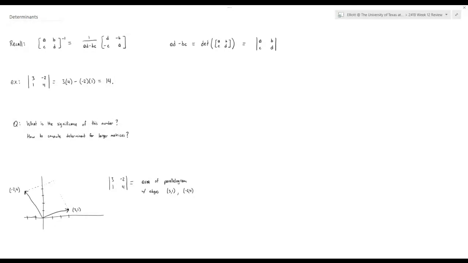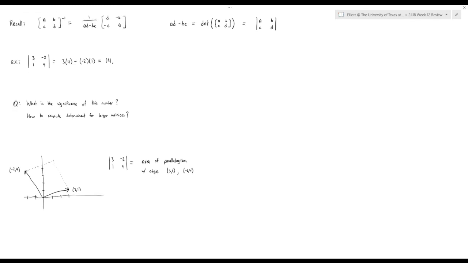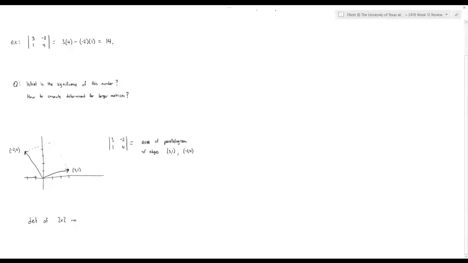More generally, the determinant for a 2x2 matrix returns the area of the parallelogram formed by the two columns of the matrix.